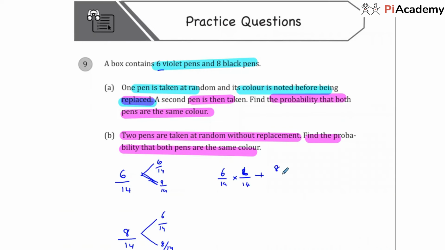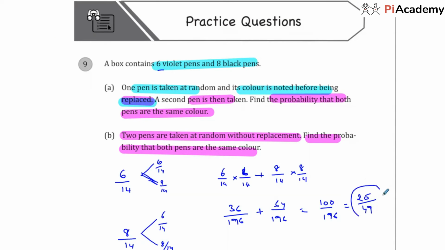So that will be 36 out of 196, plus 8 out of 14 times 8 out of 14, which would be 64 over 196. So 36 plus 64 over 196 is 100 over 196. And then you can simplify that to 50 out of 98 and then 25 out of 49. Yes, good. Wonderful.